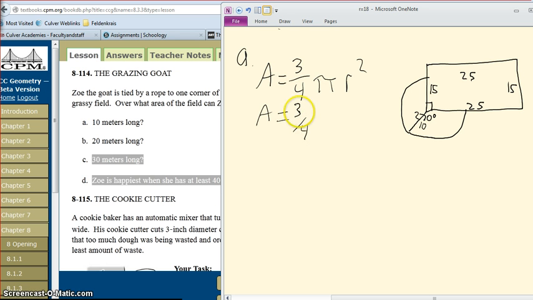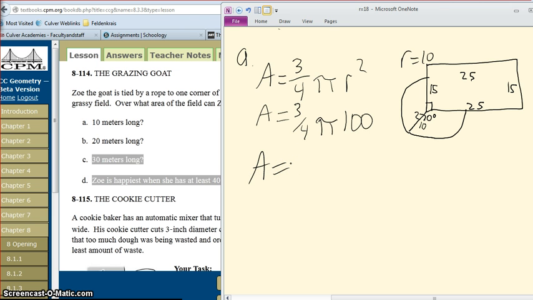Just remember it's 3/4 because 270 is 3/4 of 360. Pi and r squared, so R equals 10, so 10 squared. That's gonna be 100. Get out your calculators, do this math with me.